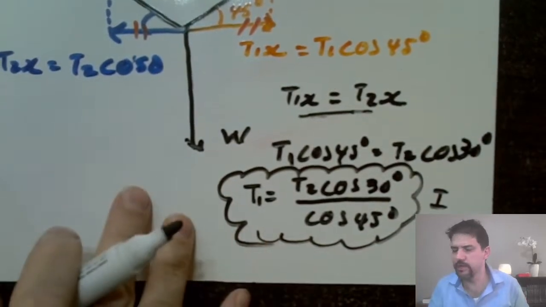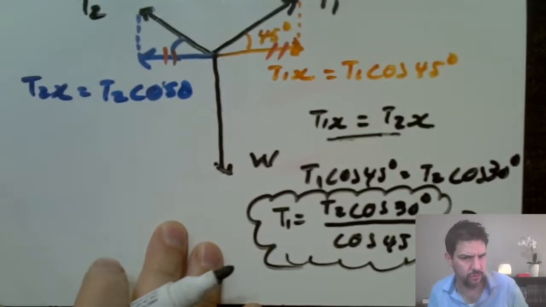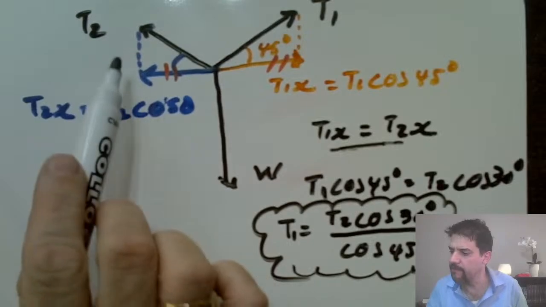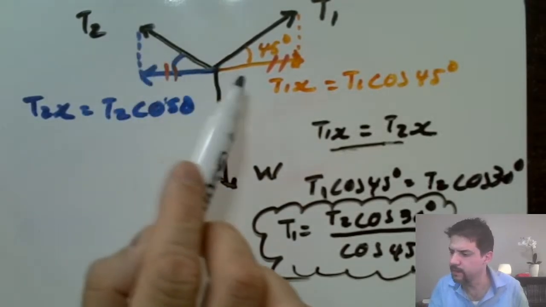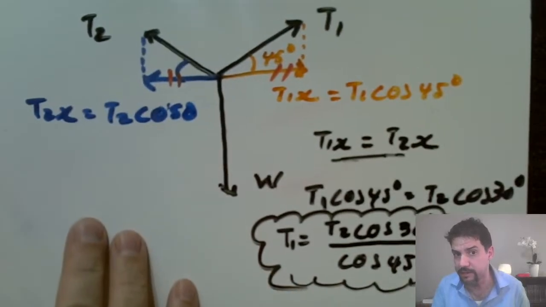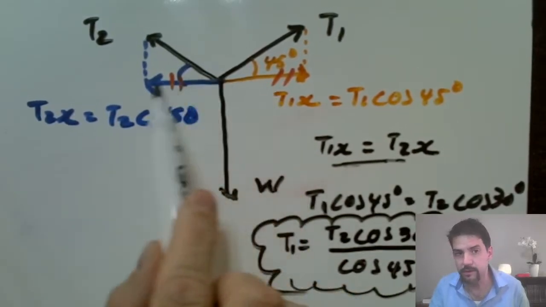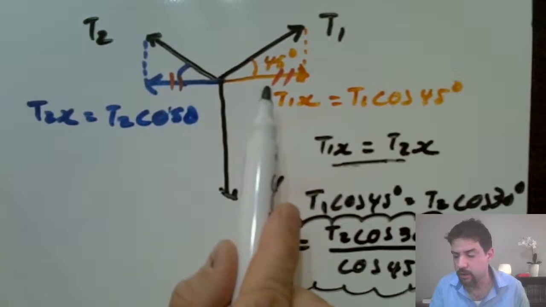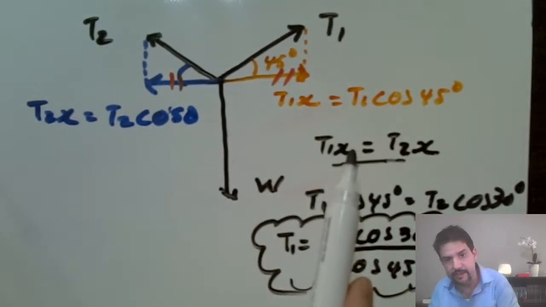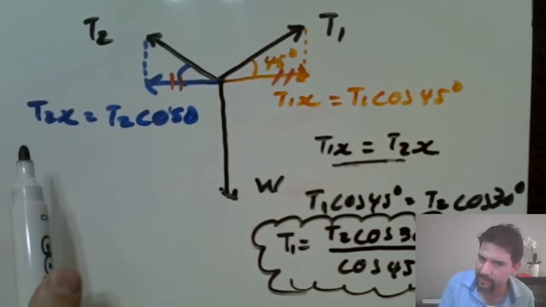All right, so this one is for the x-axis. I'm going to go again through the x-axis. We have here that I broke the T1 and the T2 into two components, x component. There we go. Because the system is at equilibrium, Tx on the right side is equal to Tx on the left side.